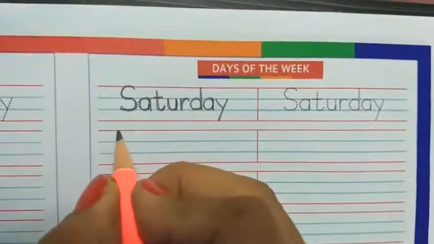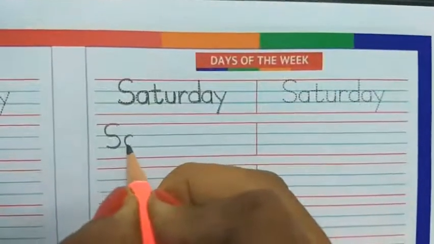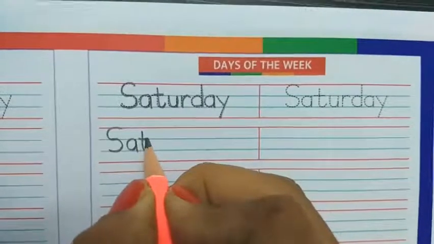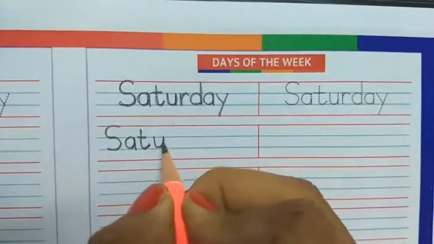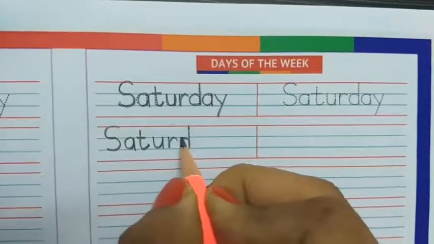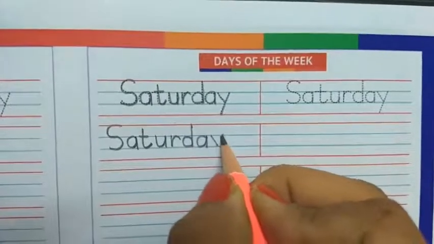Now same way write here. Capital S, A, T, U, R, D, A, Y.